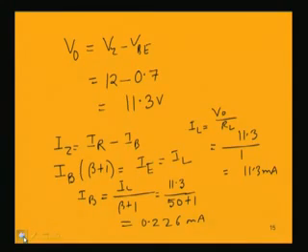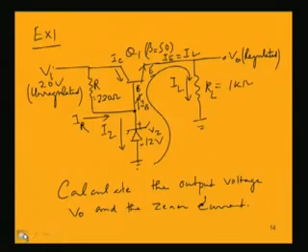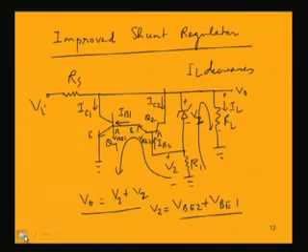Now if we consider the last circuit that we discussed, the improved shunt regulator, the voltage at this output can be found from this relationship.